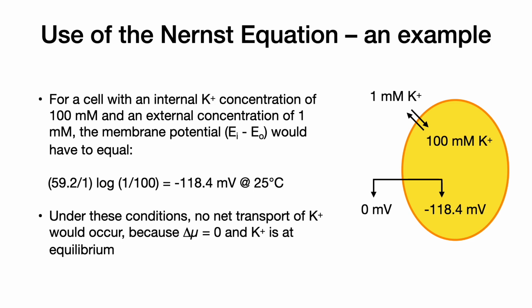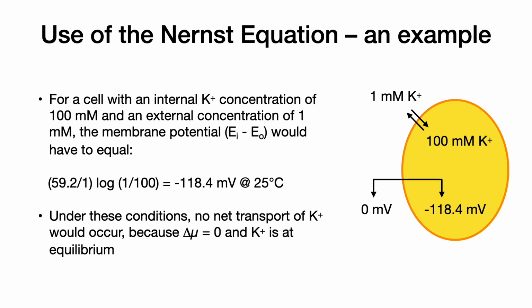Using these concentrations and the Nernst equation, we can calculate out what the membrane potential would be at these equilibrium concentrations. So to do that, we'll substitute in the concentrations into our Nernst equation, and we get the value 59.2 divided by 1, because potassium has a charge of +1, times log of 1 divided by 100, the outside divided by the inside concentration.